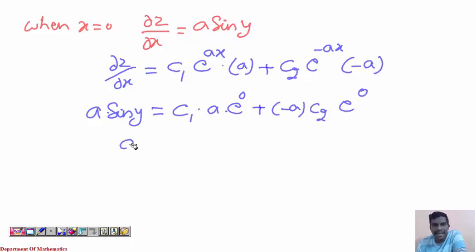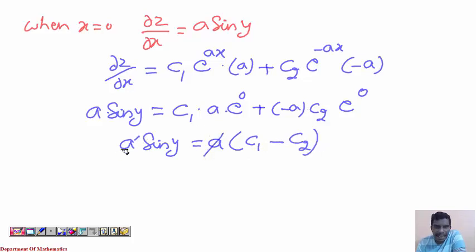Or I can write a sin y equals, e to the power of 0 is 1, so I can take the common factor a, a into (C1 minus C2). Now this a and this a will get cancelled. C1 minus C2 will be equal to sin y.